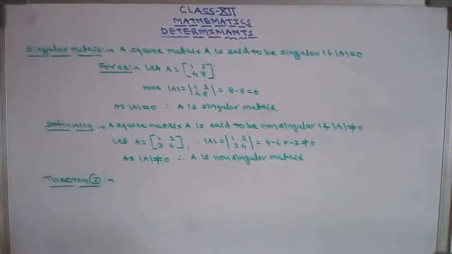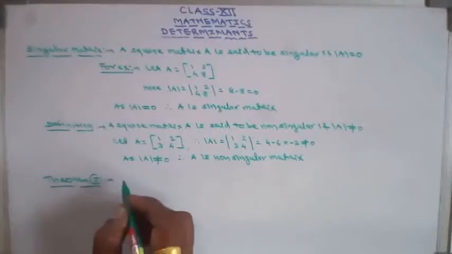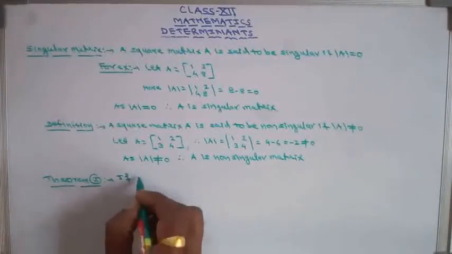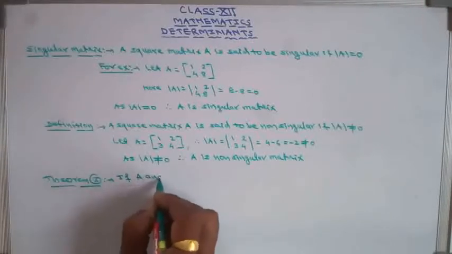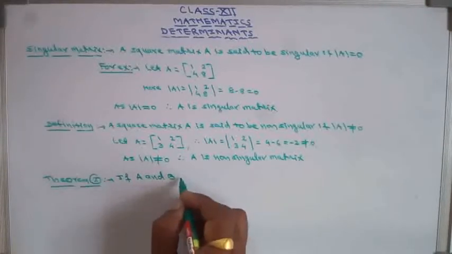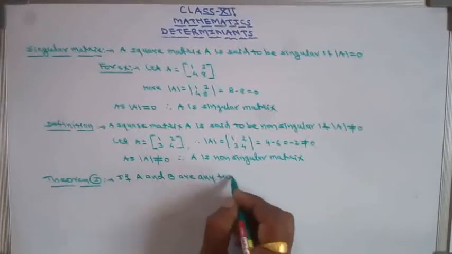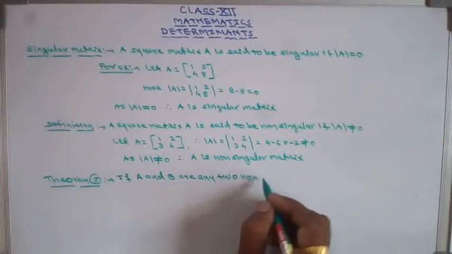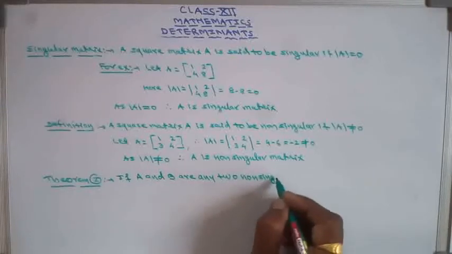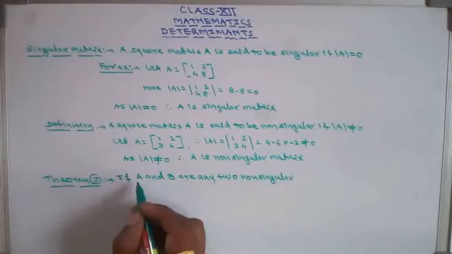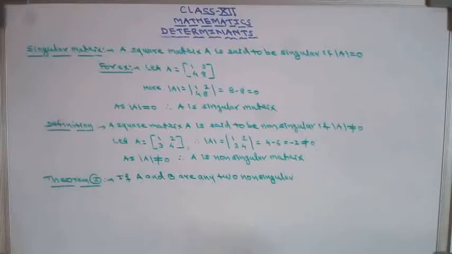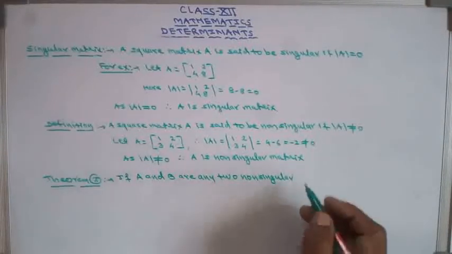Now the second theorem. If A and B are any two non-singular matrices of the same order, then AB and BA, the product of A and B and the product of B into A, are also non-singular. Non-singular means determinant of A should not be 0, and determinant of B also should not be 0.